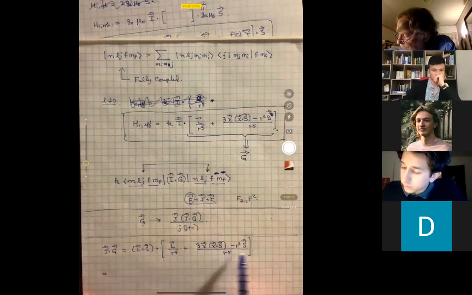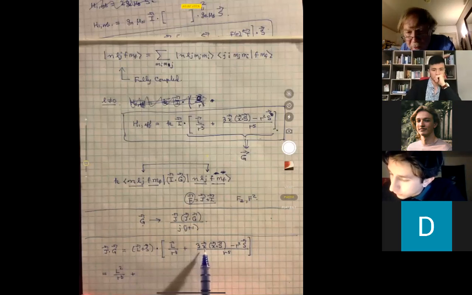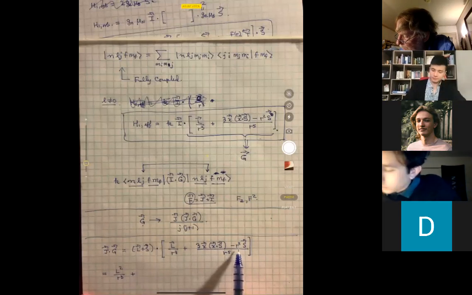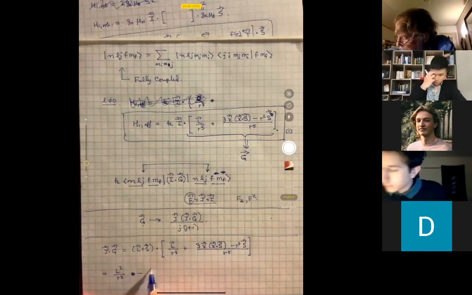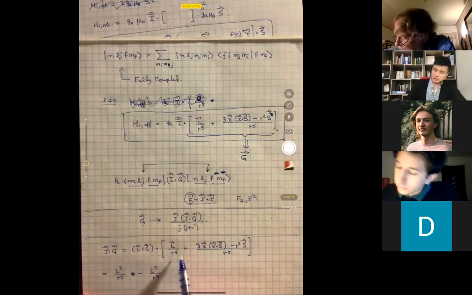So first I'll dot the whole thing with L. The first term gives you obviously L squared over R cubed. As far as the second term goes, L dotted into X is 0. That's because L is X cross P. So by the triple product, it just gives you 0. So that term doesn't contribute.